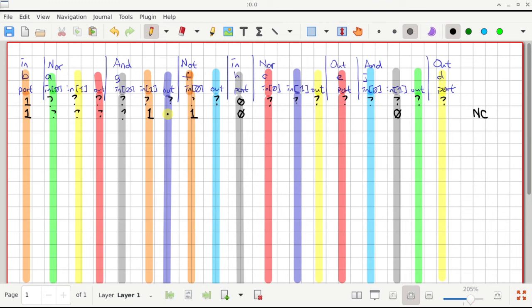Everything else would still be the same as before because they are not part of the colors. Oh, I just missed one, didn't I? Because that's also a gray one. This gray is supposed to be getting a 0 too, because of this gray getting a 0 first.